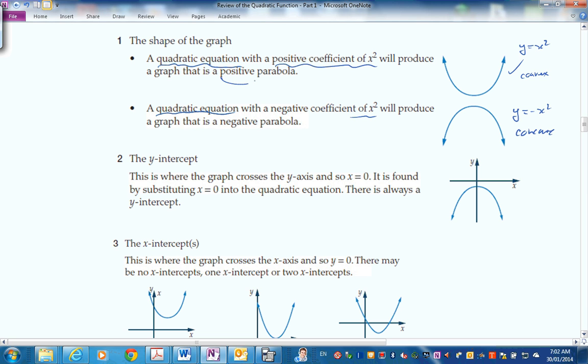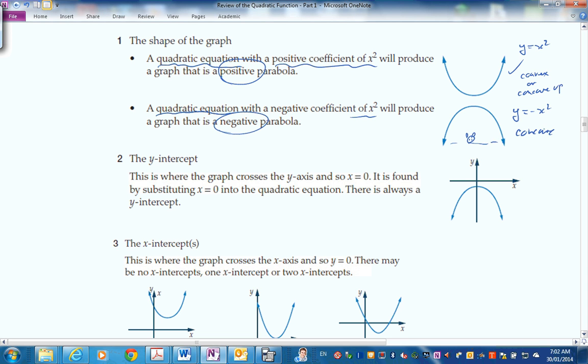We don't usually use positive and negative parabola as such, because the parabola itself might not all be above the x-axis, so you get a little confusion there. So this is convex or concave up. This is concave or concave down, because here you are sitting in a cave. There you are, you're sitting in a cave there.